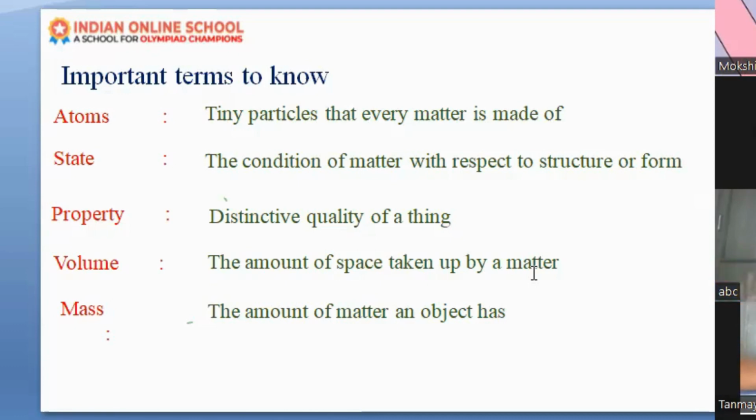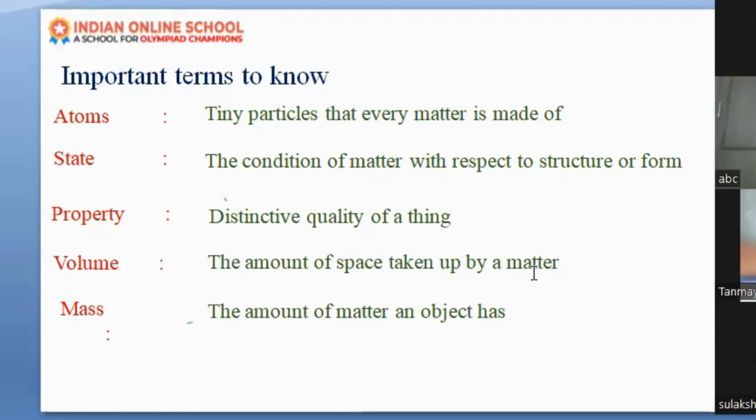If I say atoms of oxygen, okay? And if I'm combining two oxygen, then it forms O2. That is a molecule. Right now you understand it only in one way, that non-living things are made of tiny particles known as atoms and molecules. The tiny particles that every matter is made of, atoms and molecules.